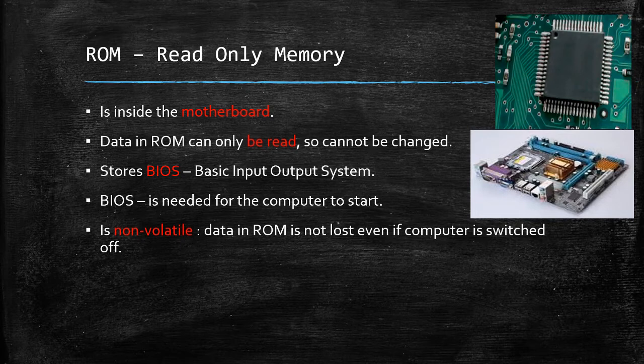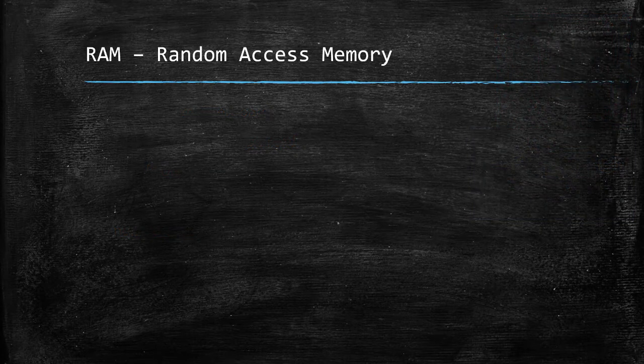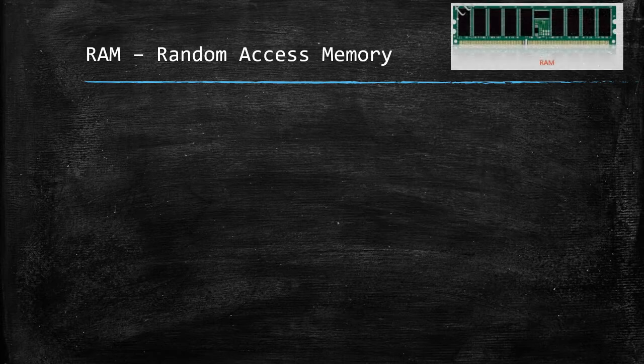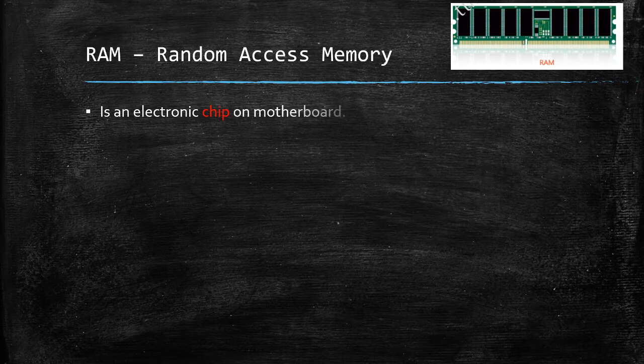Now, we will see what RAM is. Random access memory is another type of memory. It is also inside the motherboard. It is an electronic chip on the motherboard. What is the need of random access memory? All software is installed in the hard disk drive.